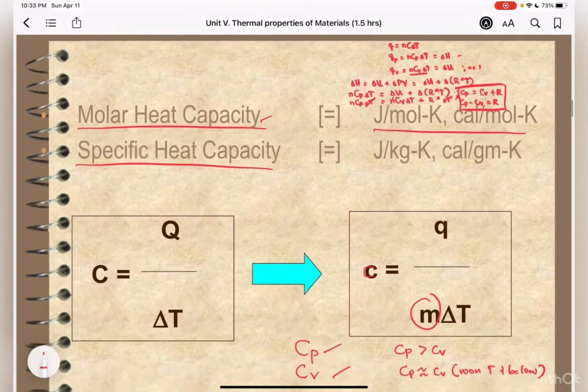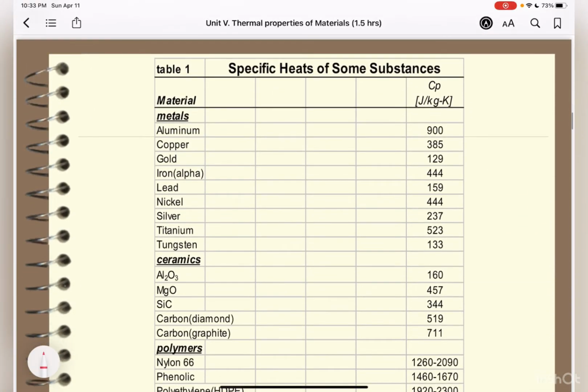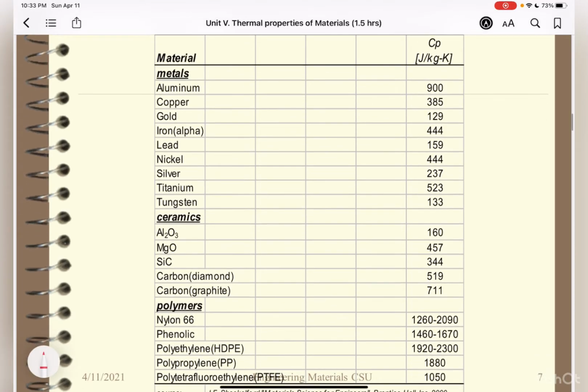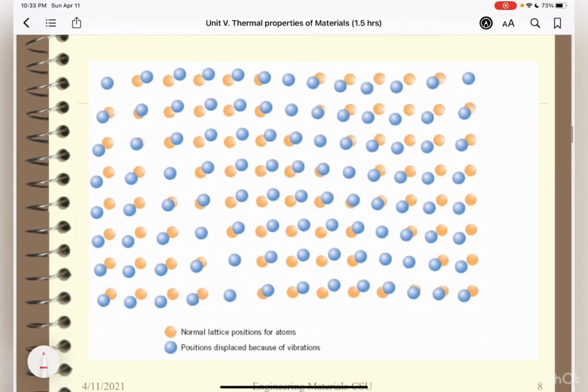Okay. Now, I have here a list of the specific heats of some substances. Some of the metals would have very high Cp, then ceramics, and then polymers. So take a look at this figure here. In most solids, the principal mode of thermal energy assimilation is by the increase in vibrational energy of the atoms.